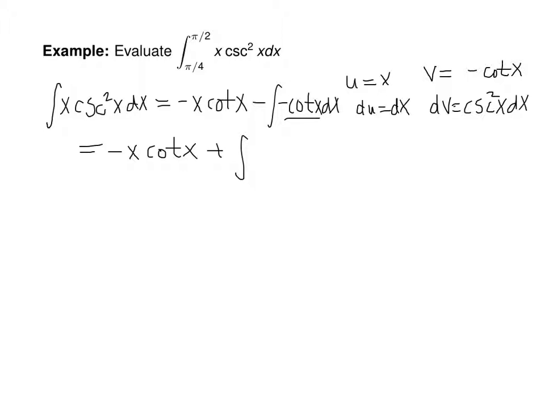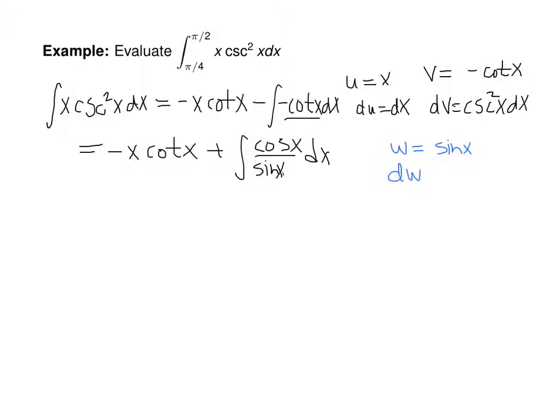Now think, cotangent is cosine x over sine x. We have cosine x over sine x dx. And now to evaluate that, we will make a u substitution. Let w equal sine of x.